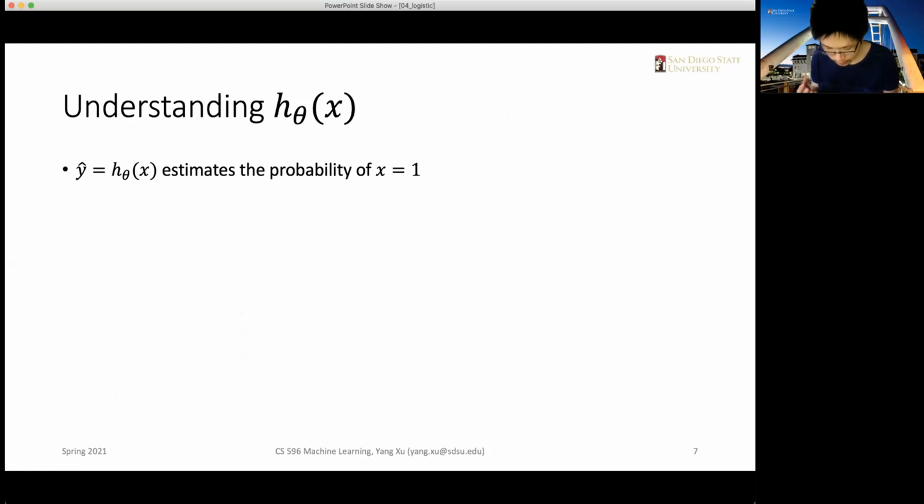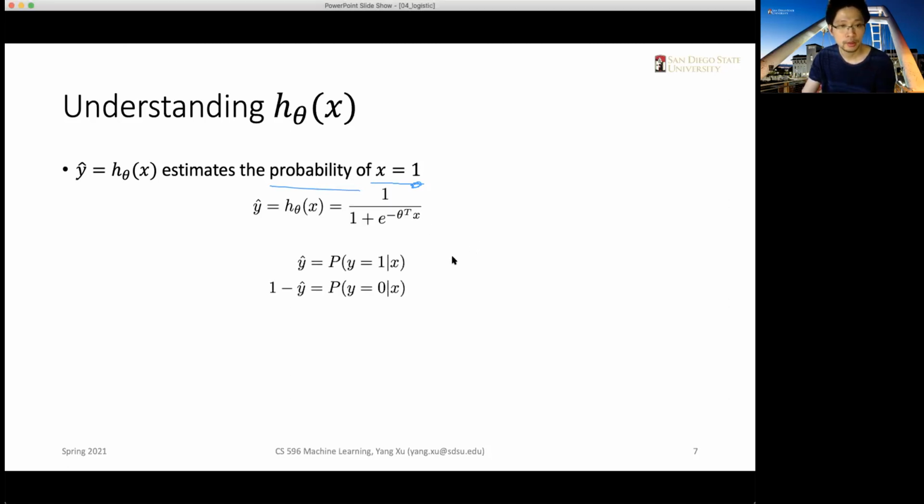The outputs of this new model function, h theta of x, actually have meaning. Let's call the output y hat. The meaning of it is the probability of the input data belonging to class 1. It's directly the probability output.